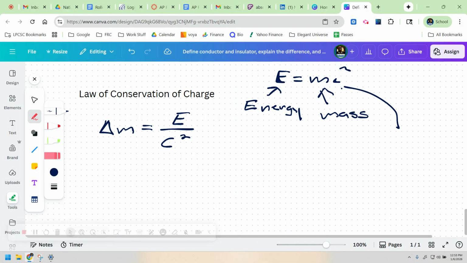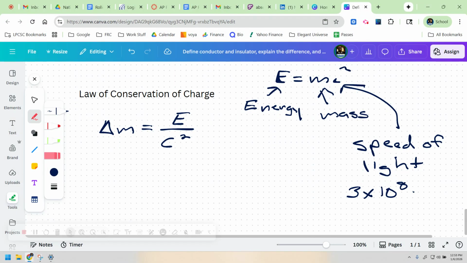And this bad boy right here is the speed of light, which is 3 times 10 to the 8 meters per second.